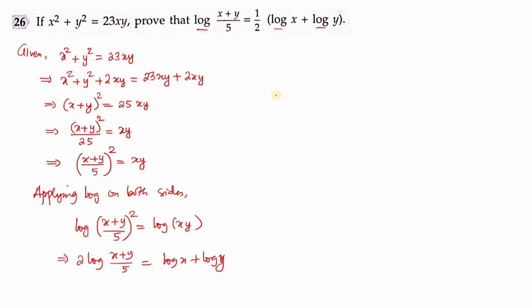So it becomes log of x plus y by 5 is equal to half into log x plus log y, when 2 goes to the other side, and that's what we are required to prove. You may pause the video and note down your solution, and that's all for the day.